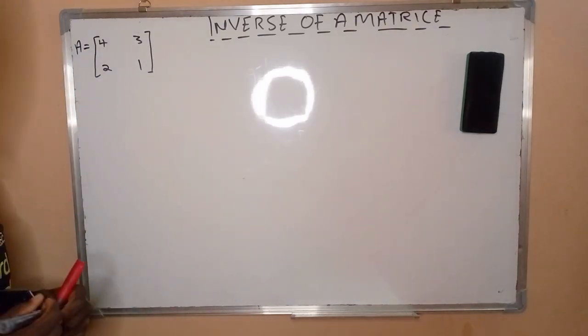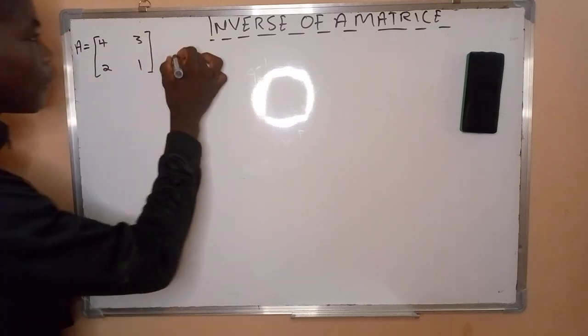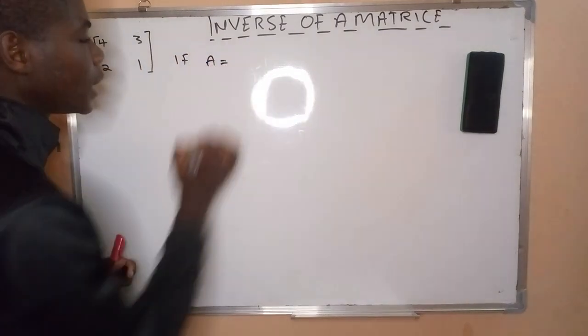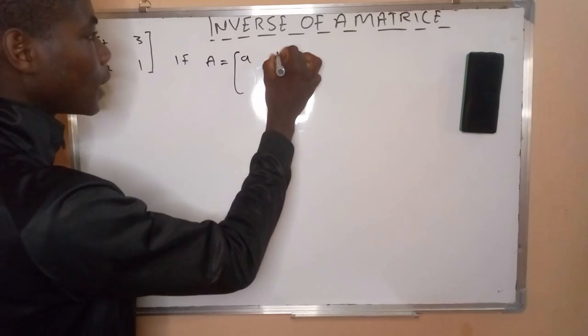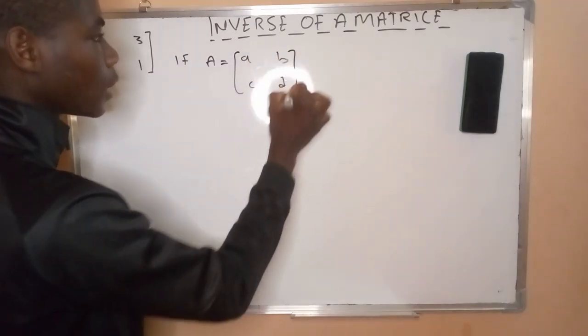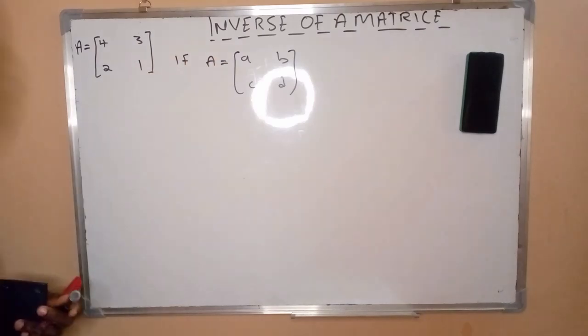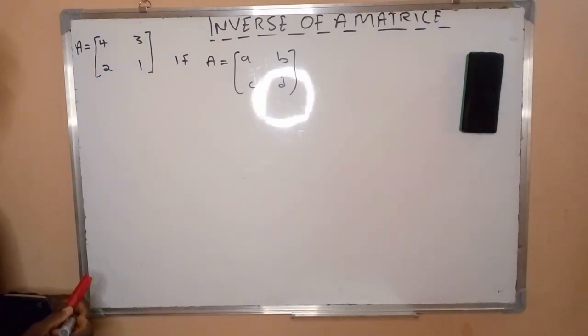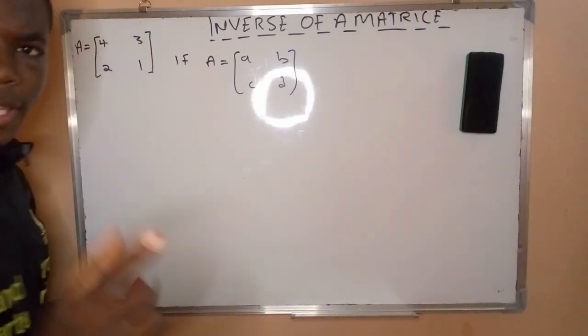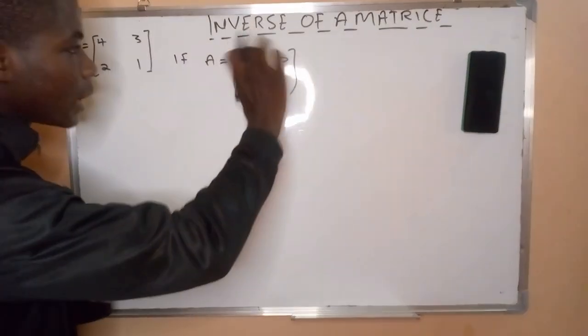Suppose we have A equals, let's say, a, b, c, and d, and we have to find the inverse of this. To find the inverse of this matrix, we have to swap a and d.